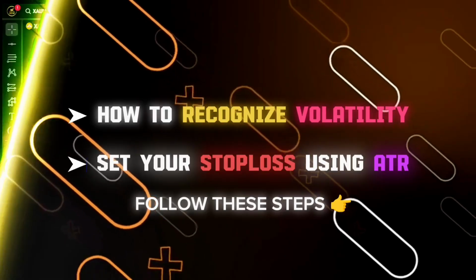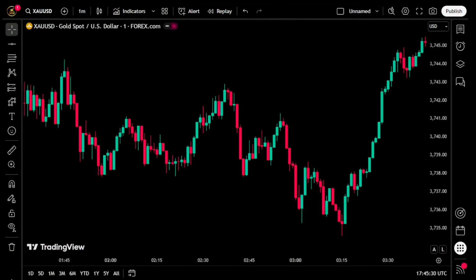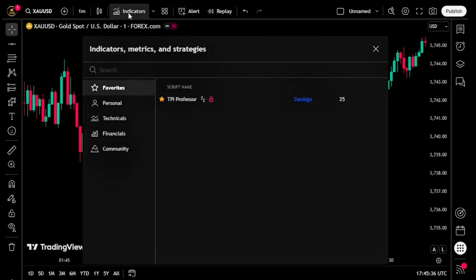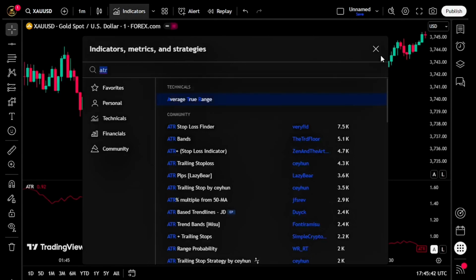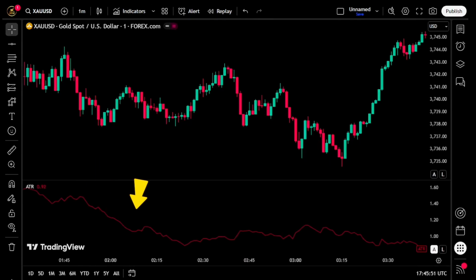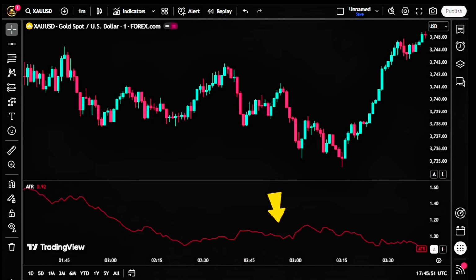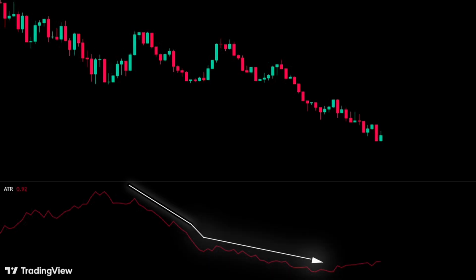Step 1. Apply the ATR indicator to your chart. Open TradingView, go to the indicator section, type Average True Range, or just ATR, and select it. Once it's on your chart, you'll see a single line moving up and down below the price chart. When the ATR line is low, it means the market is calm and volatility is low.